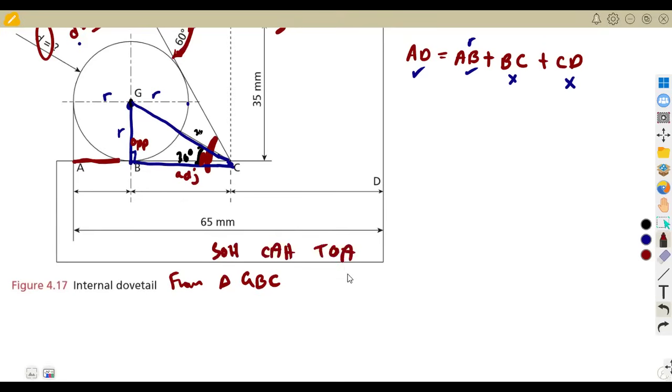Tan is the opposite over the adjacent. So the tan of 30 degrees is equal to the opposite, which is the radius, over the adjacent, which is the BC that we want to calculate.